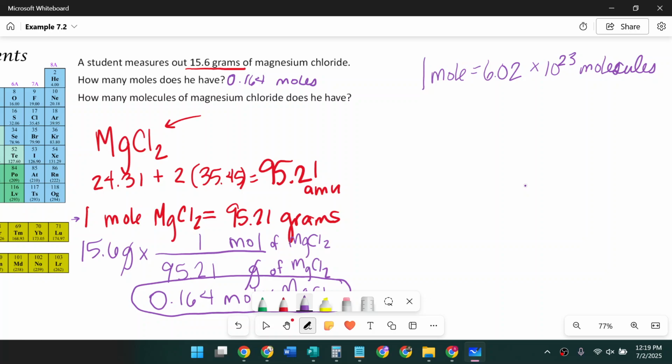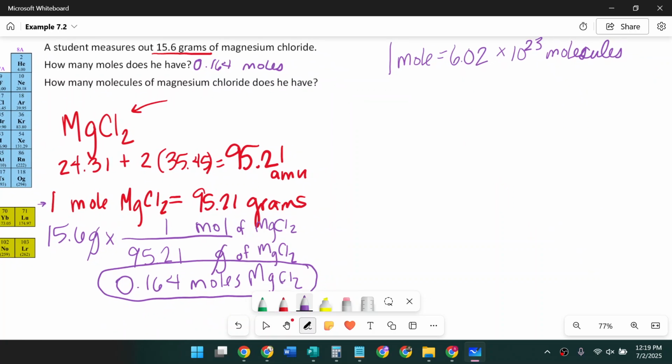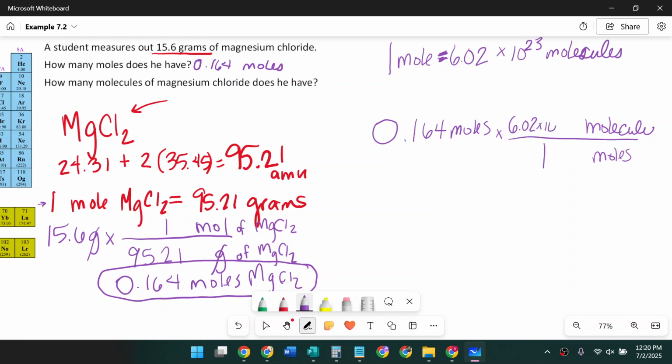So in this case, we can use this again like a relationship. We have this many moles of MgCl2, and we multiply it by how many molecules are the same as a mole, because these two are equal, it's like multiplying by 1. It's just a conversion relationship. I have 1 mole for every 6.02 times 10 to the 23rd molecules.